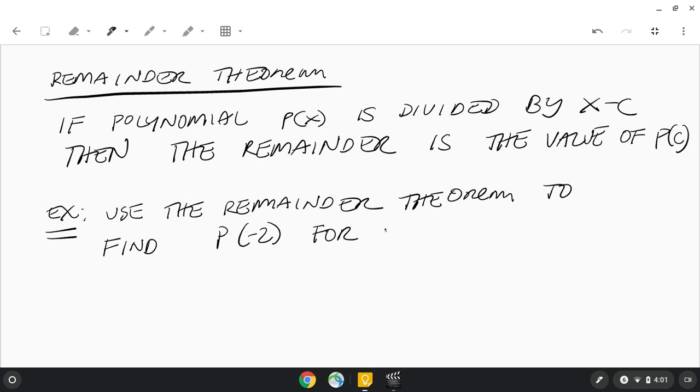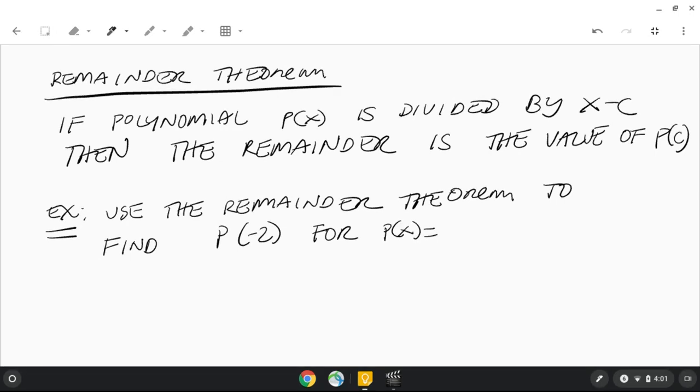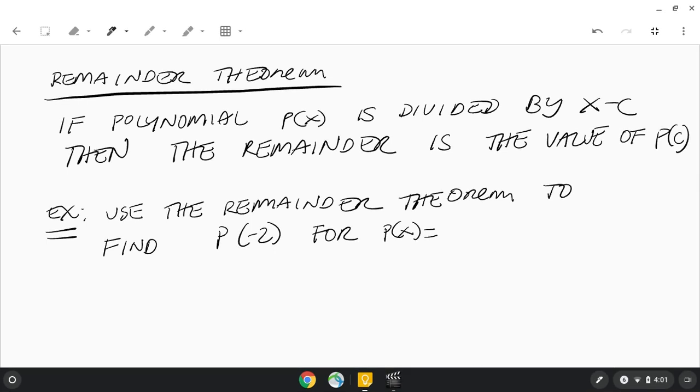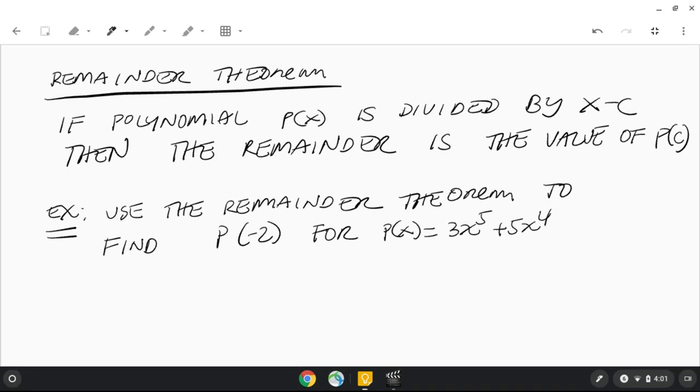P of x equals 3x to the 5th plus 5x to the 4th minus 4x cubed plus 7x plus 3.